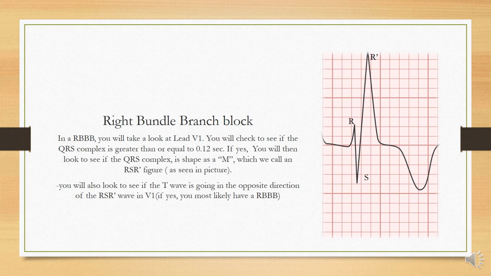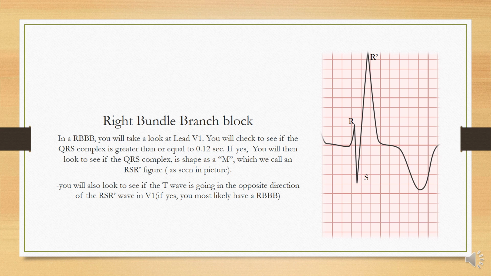The first type of bundle branch block I will help you determine is to see if there are any right bundle branch blocks, or RBBB as we call them for short. In order to determine if we have a right bundle branch block, we're first going to look at lead V1. The reason why we're going to look at V1 is because, if you remember how you lay out your electrodes, V1 is on the right side of your heart.